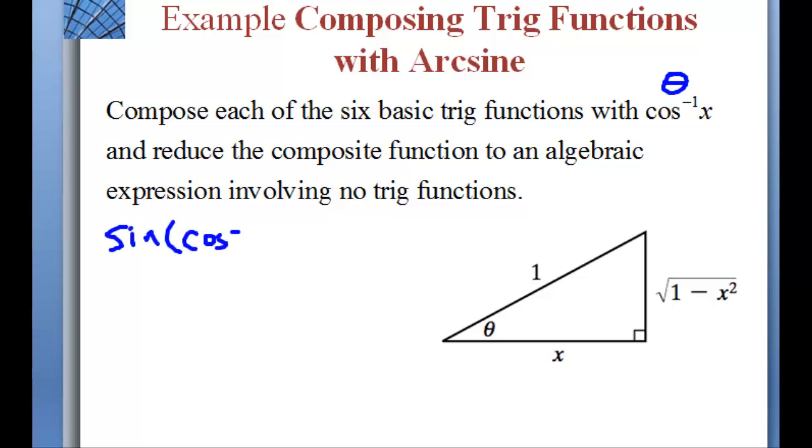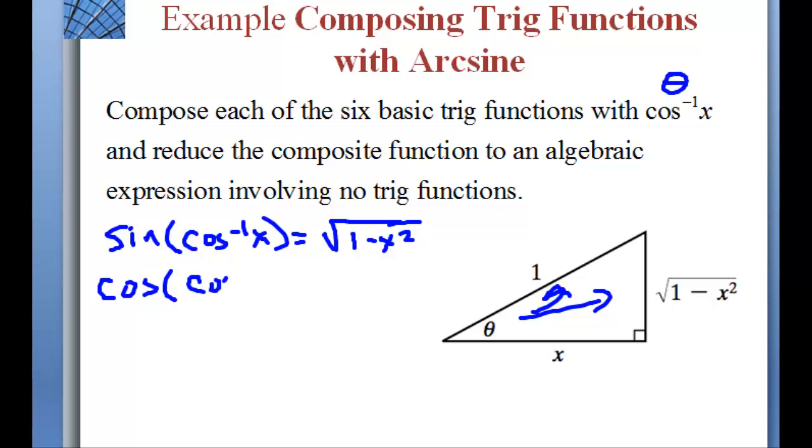Sine of the cosine inverse of x, sine of theta, is the opposite over the hypotenuse, which will be the square root of 1 minus x squared over 1, or just the square root of 1 minus x squared. The cosine of the cosine inverse of x is going to be the adjacent over the hypotenuse, which would be x over 1, or x.